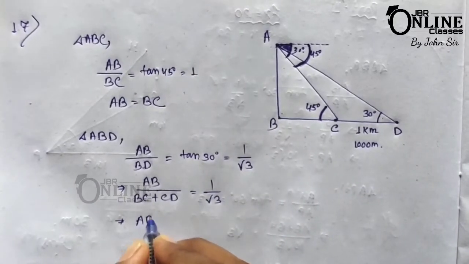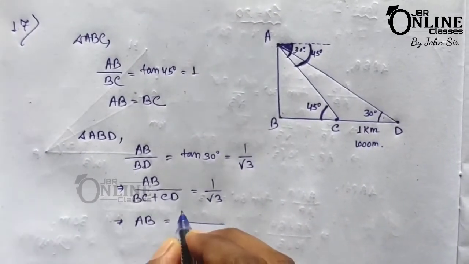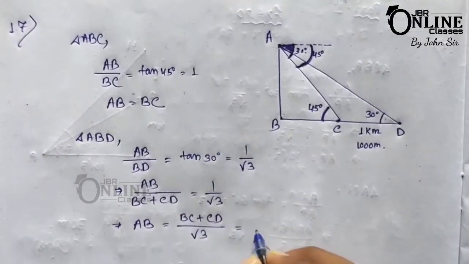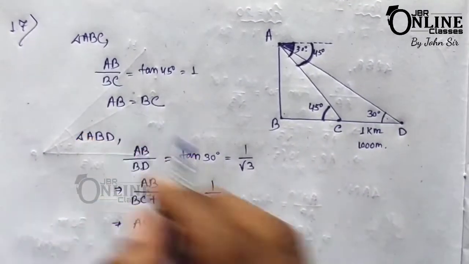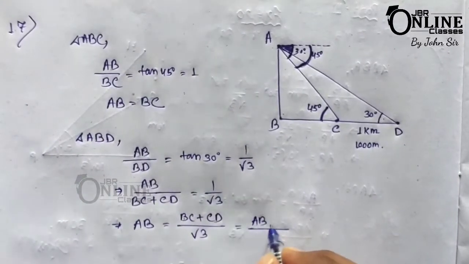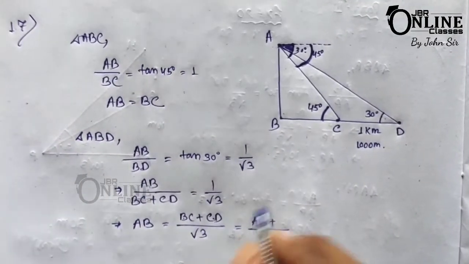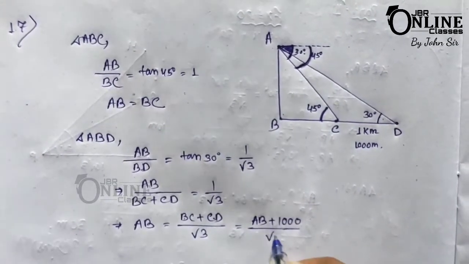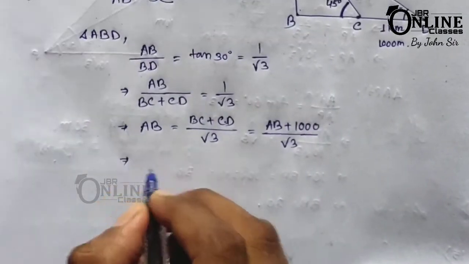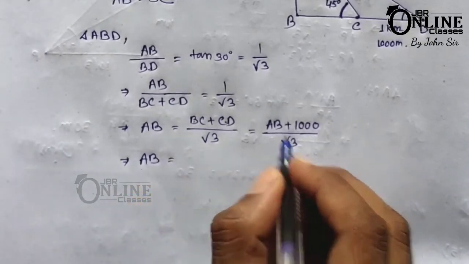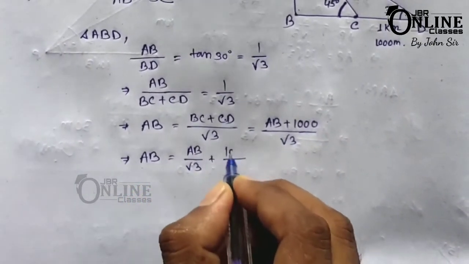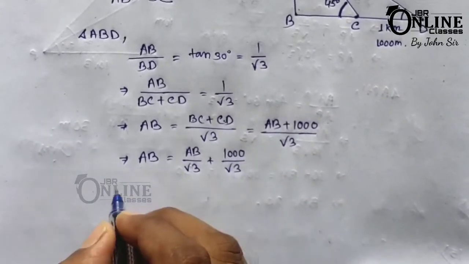So here AB equals (BC plus CD) by root 3. Now BC means AB again, so you can write AB plus CD, and the value of CD equals 1000 meter, so write down here 1000 meter, divided by root 3. So here AB equals AB by root 3 plus 1000 by root 3.